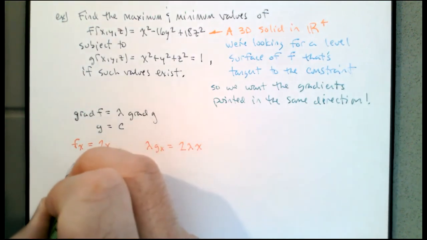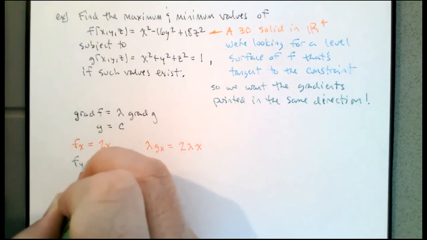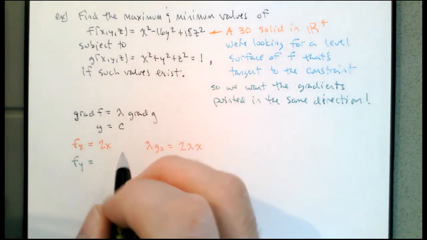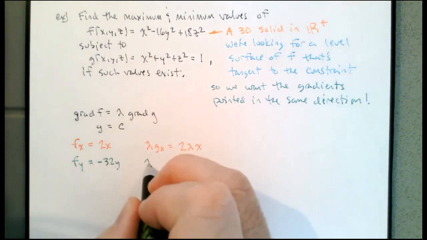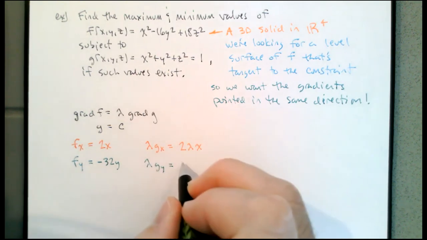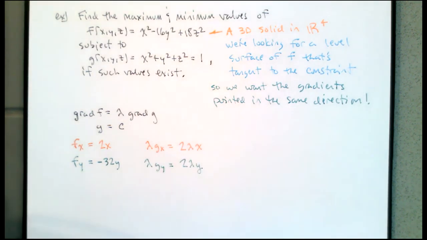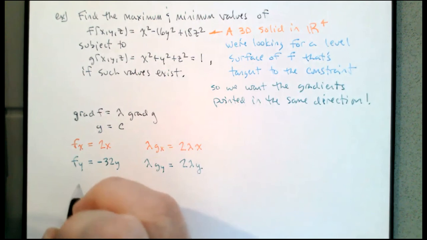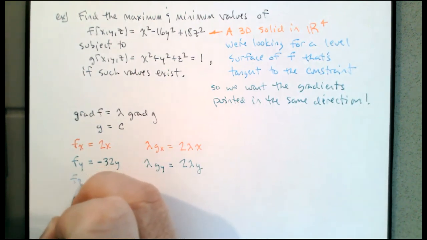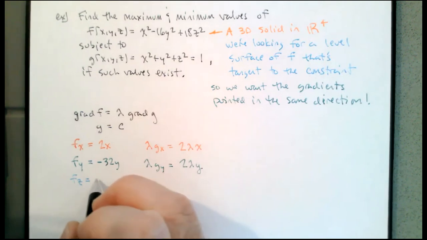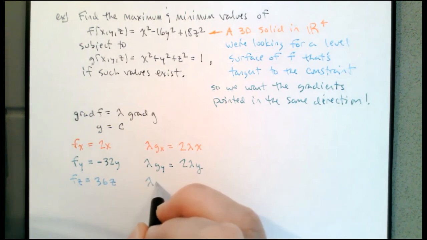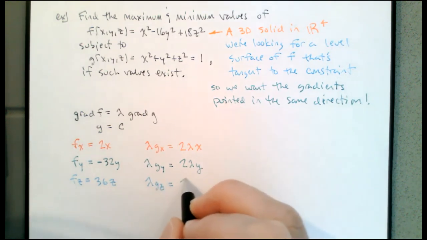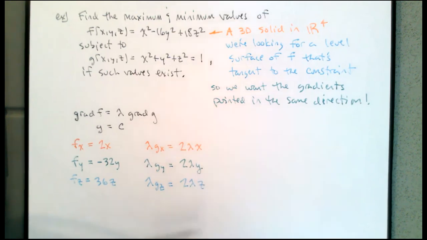So fy, the derivative of f with respect to y, is going to be negative 32y, and lambda gy is going to be 2 lambda y. Fz is going to be 36z, and lambda times gz is going to be 2 lambda z.